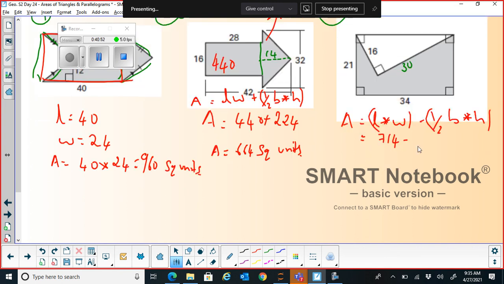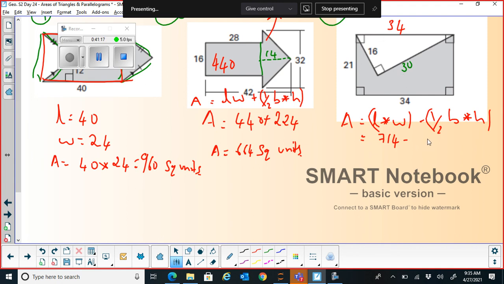minus the triangle. We can take this as base and this as height, and I have found this base using the Pythagoras theorem. If this is 34, this also will be 34. Okay, and using the Pythagoras triplet, I can find this particular base side as 30. And then if I take this as 30 for this particular base, this is the height.